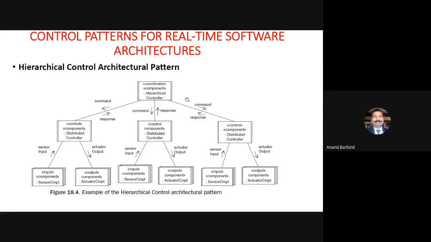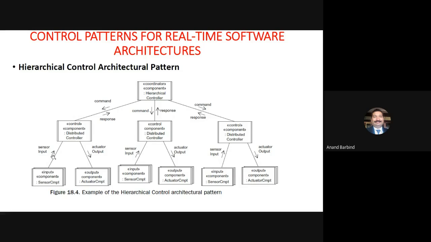That means only one component is involved in actual decision making. Of course, certain low level decisions can be taken at the component level only, in which the other inputs are not required or other actuators are not involved.